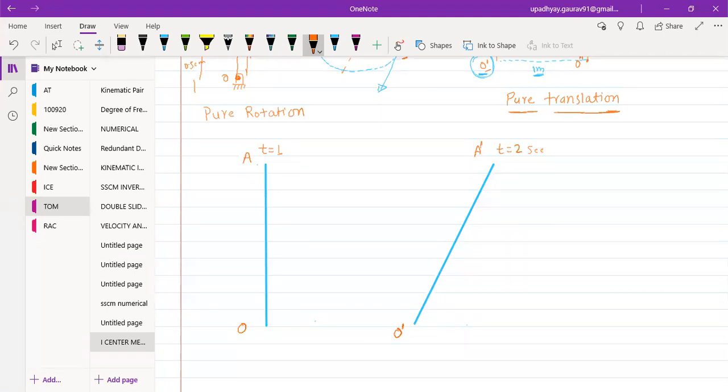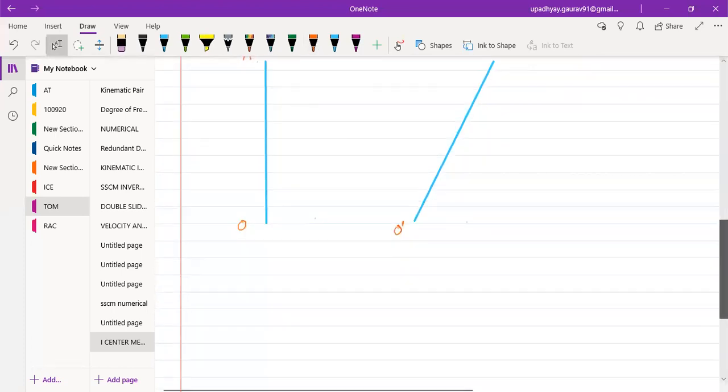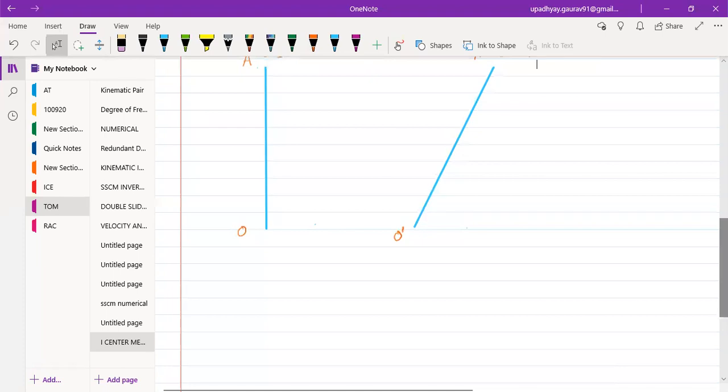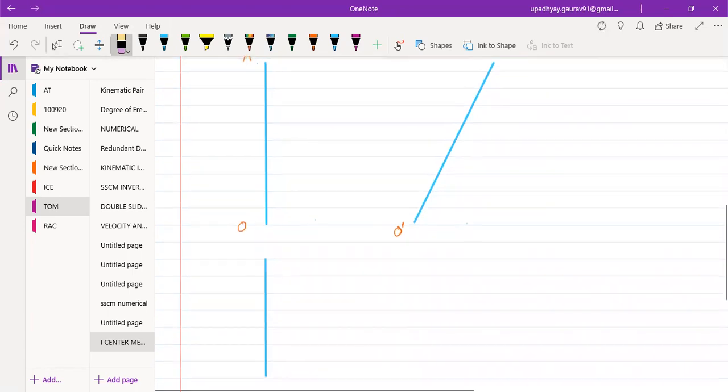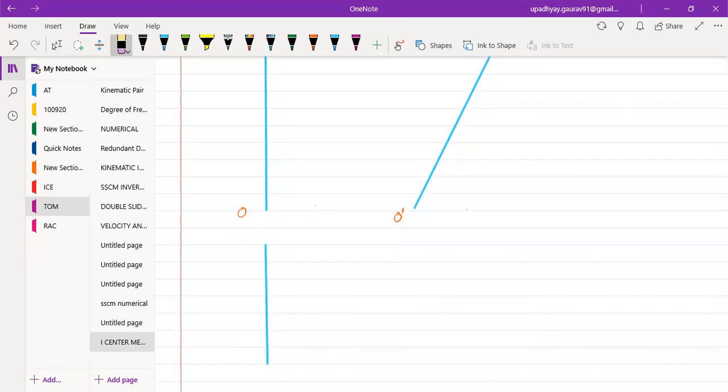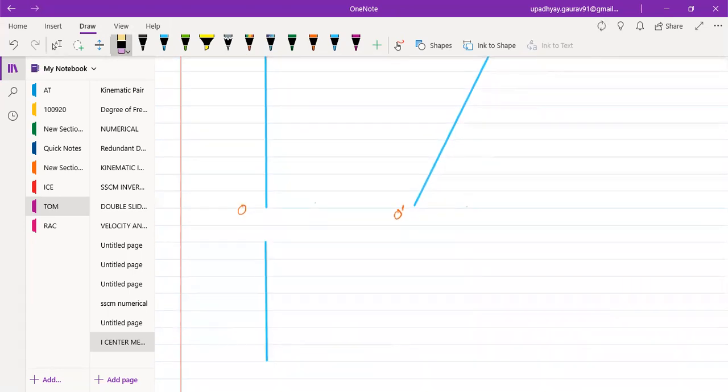What does it mean? Okay, I'm going to make two different situations. This is the first situation, for which I'm going to discuss.